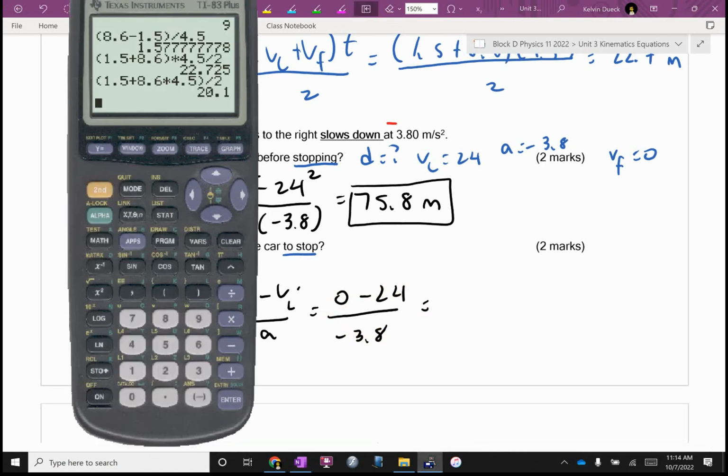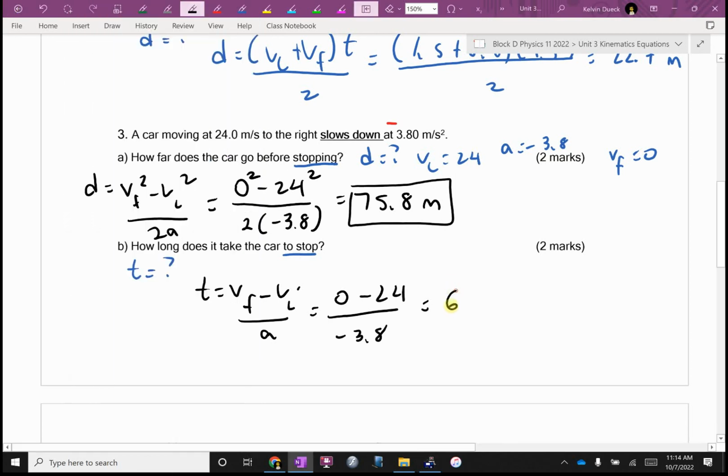It's going to be 6 point something. 6.32. I would take a half mark off if you said 6.31. If you said 6.3, I'd be okay. 2 or 3 sig figs is good for me, as long as you round off properly. And units, it's seconds.